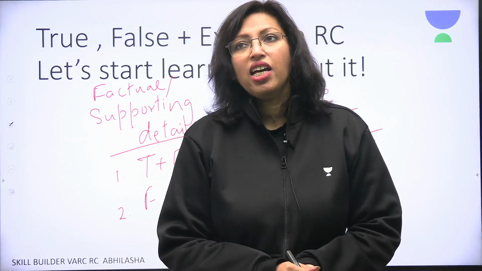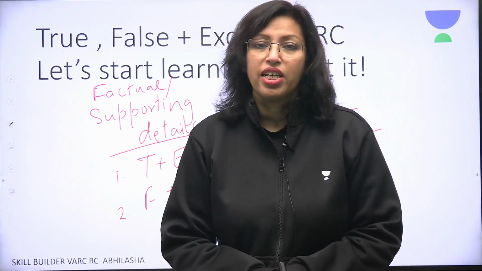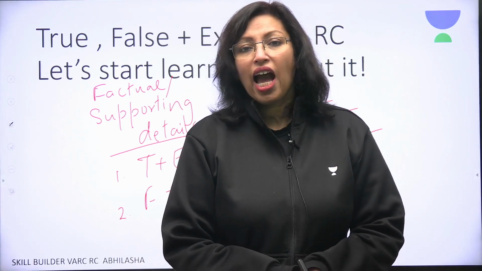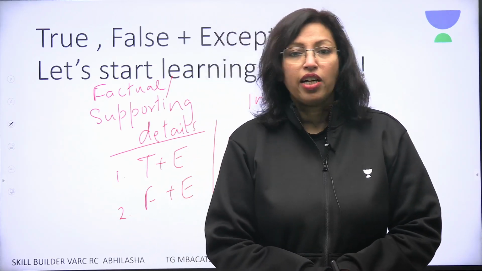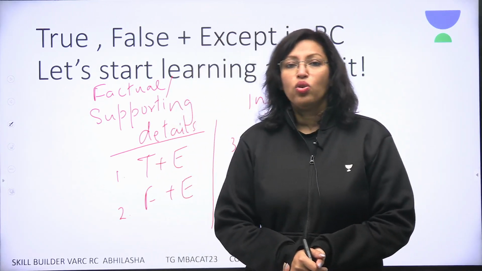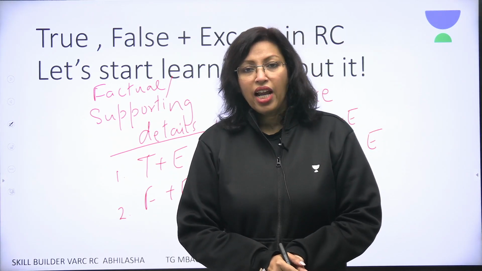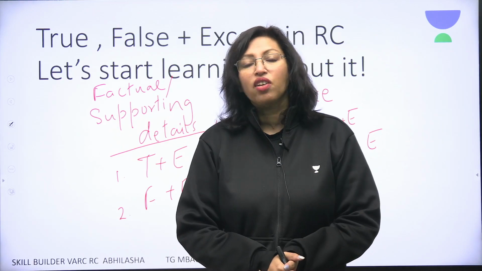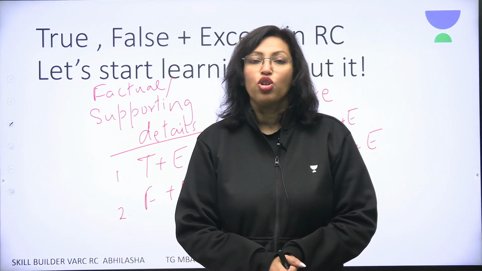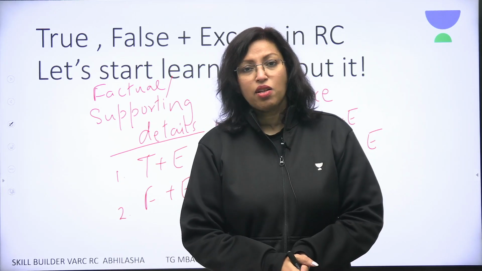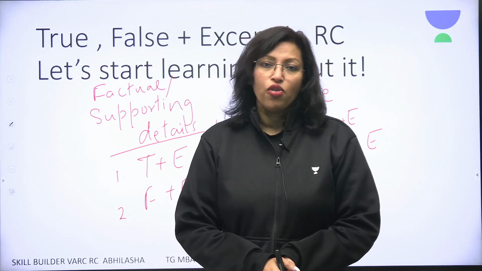The trick here is not just spotting the questions, the trick here is in paraphrasing. Because of course in CAT or in XAT or in any of the top exams, they never give you the statements directly. What they do is they actually paraphrase the statements, they rewrite them in different forms and then give them to you as options. So for you it is key that you should be able to paraphrase the statements, to understand them and then take it forward from there.